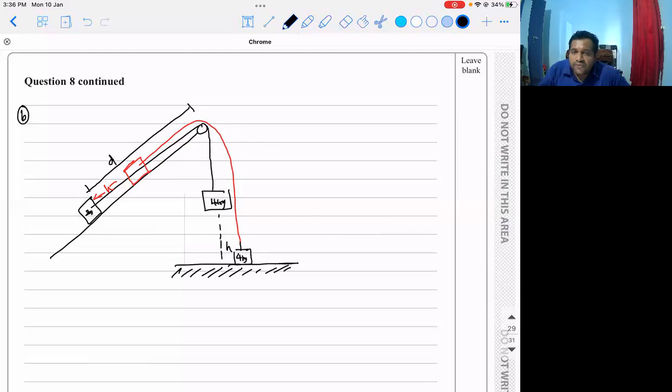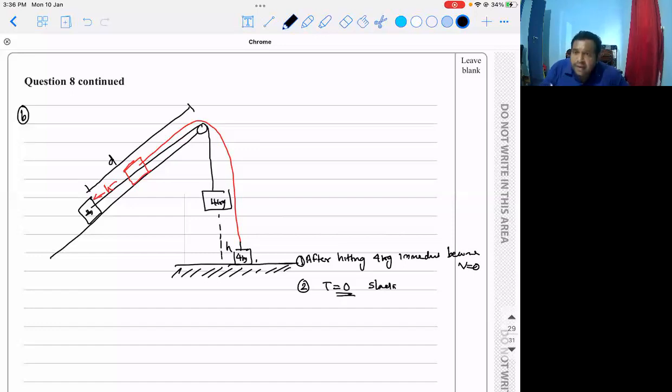It doesn't only move h distance, because after hitting the 4 kilogram, immediately its velocity becomes 0. And at the same time, the tension on the string becomes 0, because there is slack on the string.